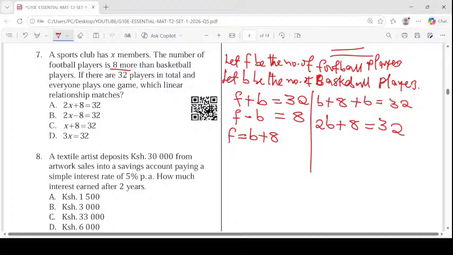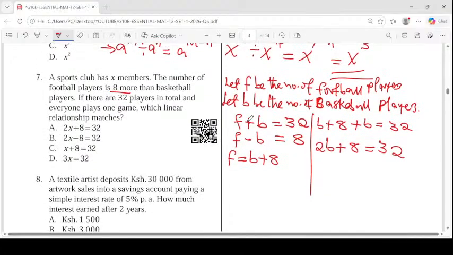But now when you look at whatever we are having on our side here, we have to assume that X refers to the number of basketball players.